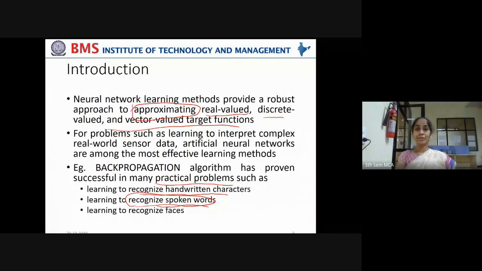And learning to recognize faces. This is the most complex task that is being performed by artificial neural networks with a good amount of accuracy. Say if one person's face is given to be trained on, it will have to detect what are the edges, what are the rounded shapes, what are the places where there is a convex shape on the face, concave shape on the face, which areas are bulging out, which areas are going inside.